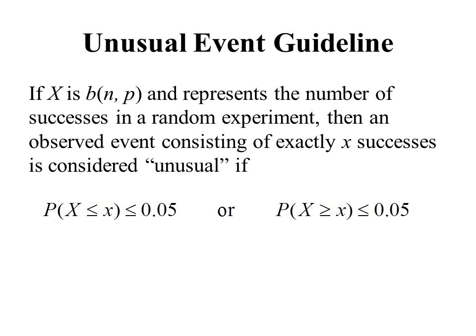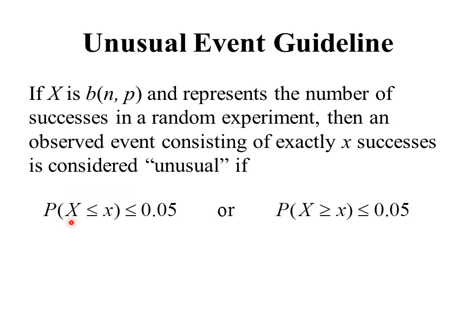Well, we're going to state that here in the unusual event guideline, which says that if X is binomial and represents the number of successes in a random experiment, then an observed event consisting of exactly x successes is considered unusual if one of these two inequalities is true.